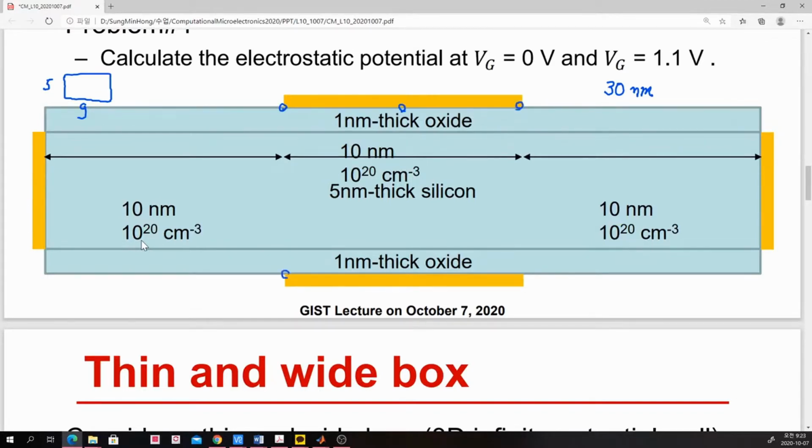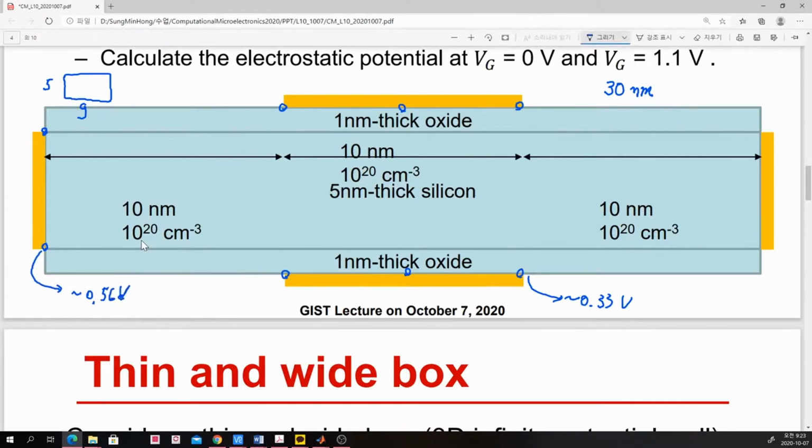For example, this would be approximately 0.33 volt, and you can also find certain values for this one. That will be about 0.56 volt. So this number will be found.